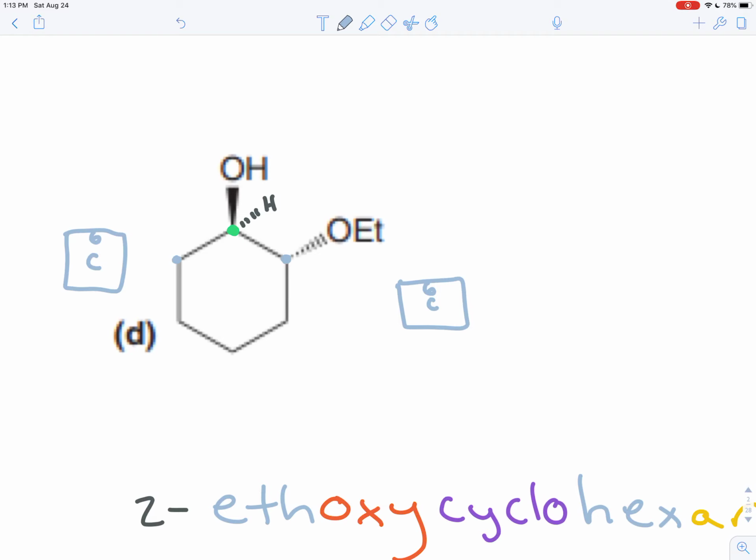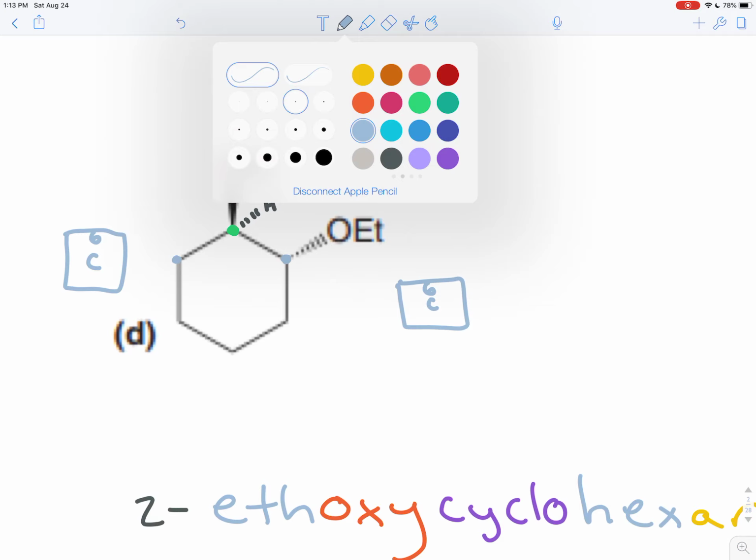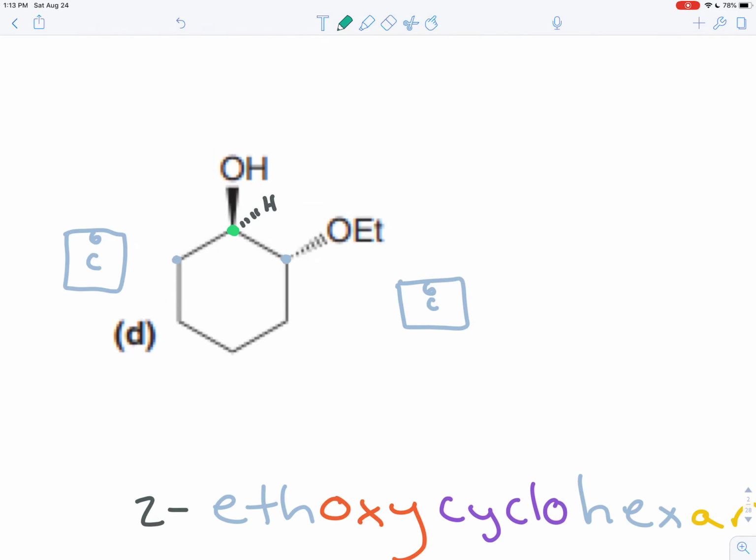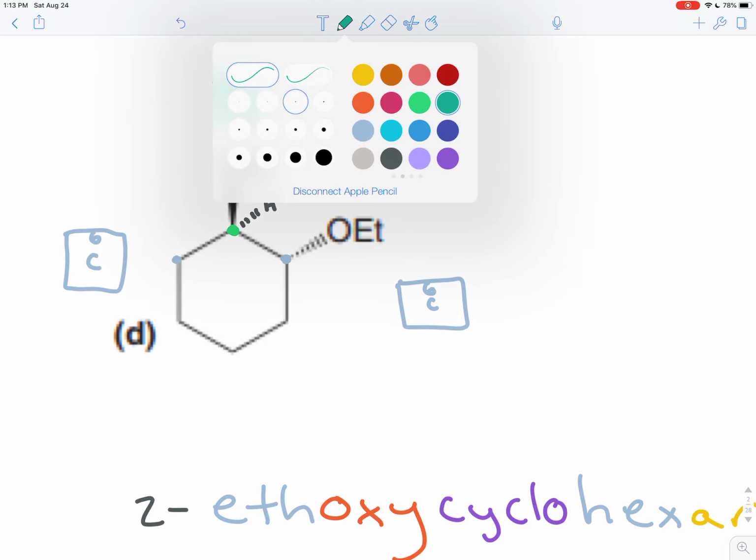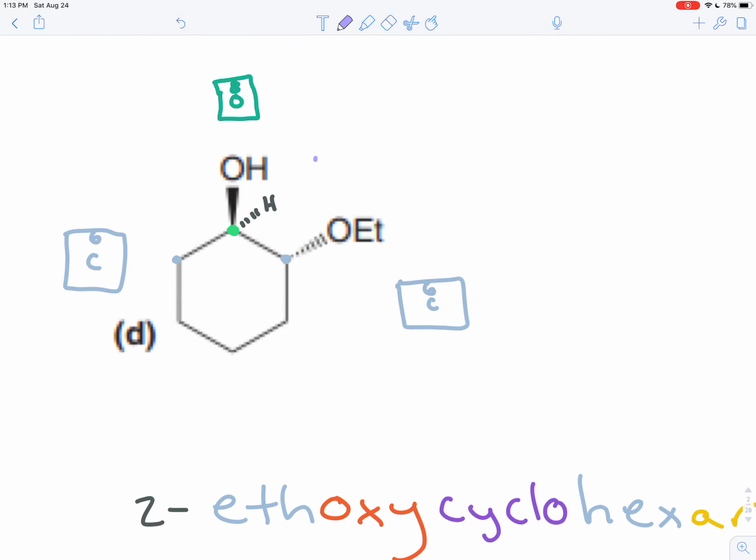We have an oxygen up top. The atomic number for that would be 8. And we have a hydrogen. The atomic number for hydrogen is just 1.